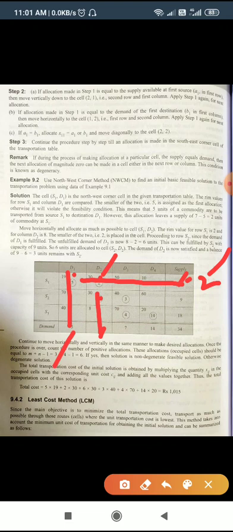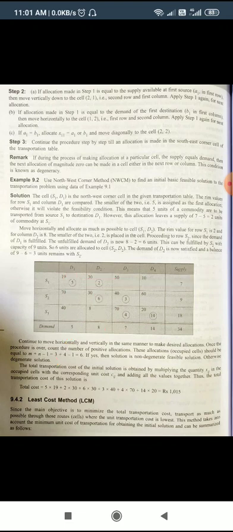Then using these steps we find the initial basic feasible solution, and after assigning units to each and every cell, we check whether the solution is non-degenerate or degenerate using m plus n minus 1. For a non-degenerate solution, the number of occupied cells should be m plus n minus 1.